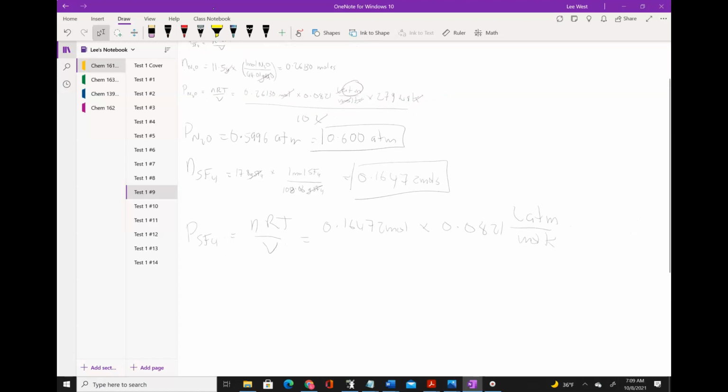And then finally our temperature, which we calculated before. So it's a little quicker, this second one, isn't it? And we're going to divide it by a volume. It's still the same volume, 10 liters. So liters, liters, moles, moles, Kelvin, Kelvin. All we've got left is ATM. That makes sense because we're solving for a pressure.